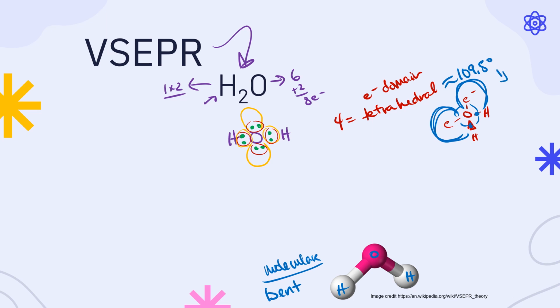And so we're going to end up with a bond angle of 107, except, you know what? There's not just 1 lone pair of electrons. There's 2 lone pairs of electrons, which is going to push even a little bit closer. So it's not going to be 107. It's going to be like 104.5. 104.5 degrees is going to be the bond angle between the 2 hydrogens in our water molecule.